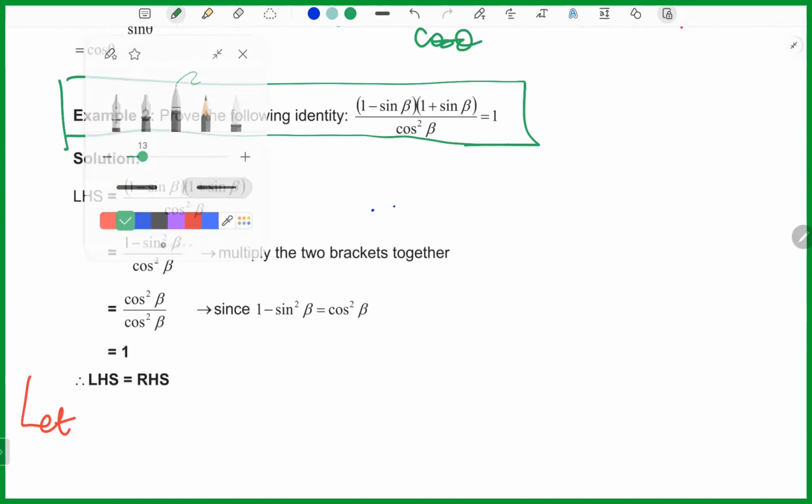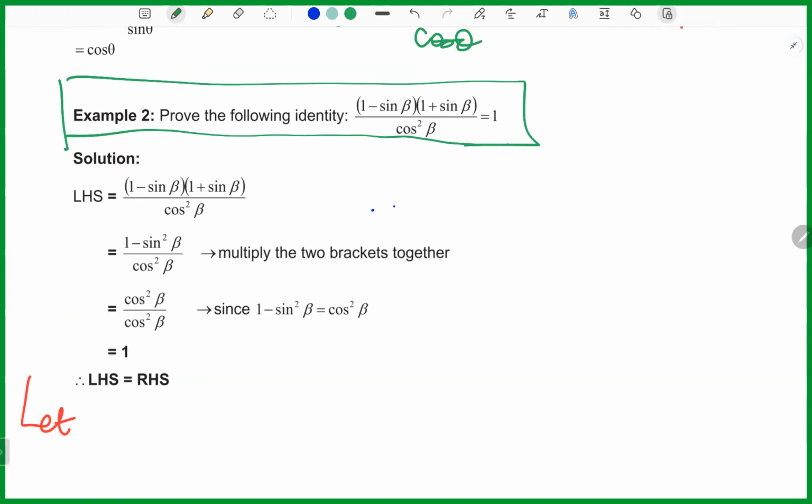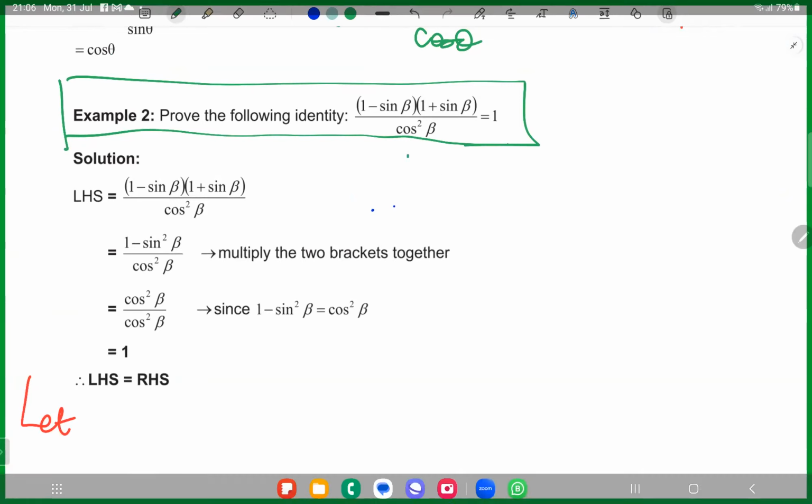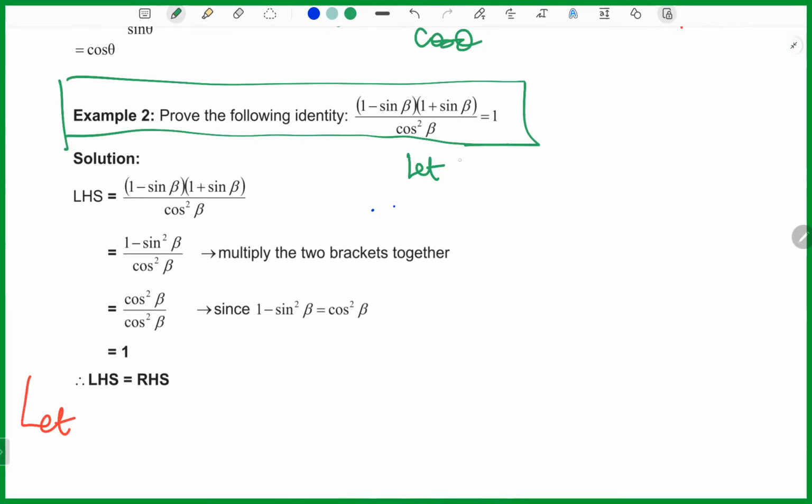How do you prove the identity in the green block? So you let the left-hand side, this one, be 1 minus the trigonometric sine of beta into 1 plus the trigonometric sine of beta divided by the cosine squared of beta.